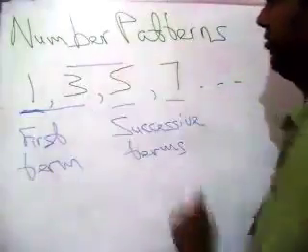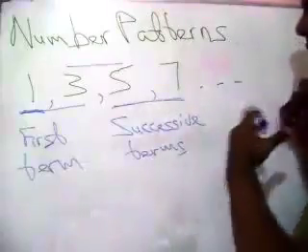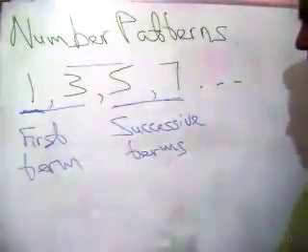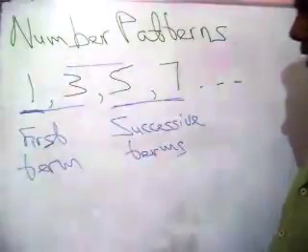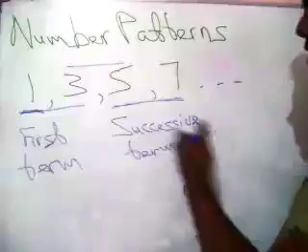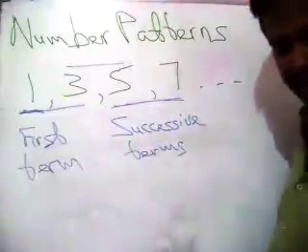If you take 3 and 5, they are successive terms. If you take 5 and 7, they are successive terms, and so on. So the first number in the number pattern is called the first term. Two consecutive terms in a number pattern are called successive terms.